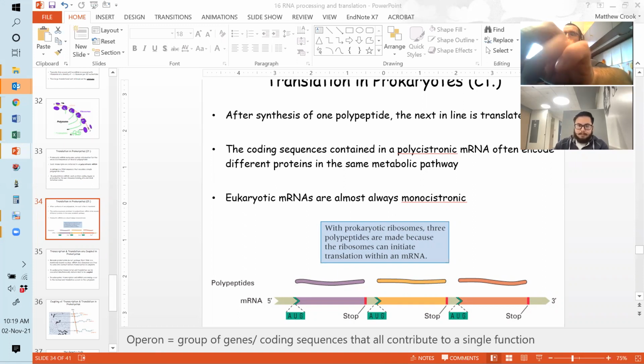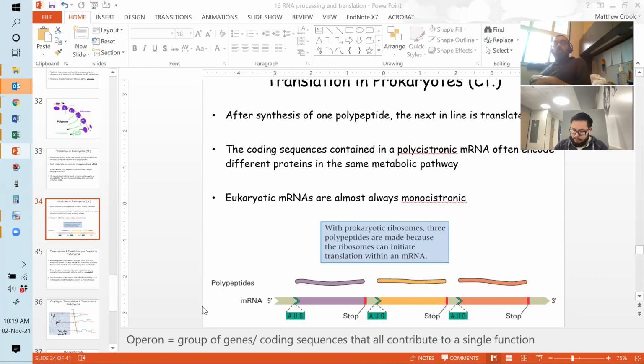So multiple coding sequences, ORFs, etc., on the same mRNA. Now, these each have their own start and stop codon, right? So they each generate a distinct protein, but they're all together in the same mRNA.